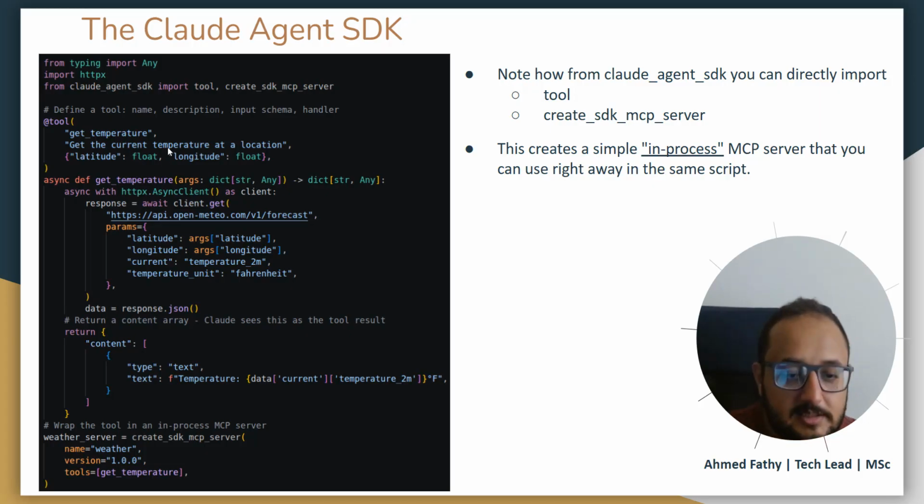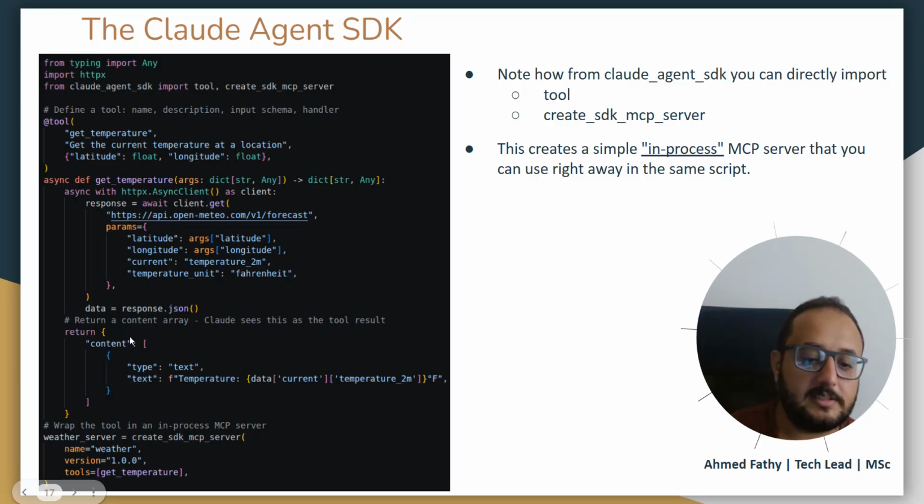Now what you do in this specific example is call, using HTTP, a specific website, api.open-meteo.com v1 forecast, and you send the params which you get from the arguments here. Then you get a response from this website, and you return this response in a format that is expected by Claude.